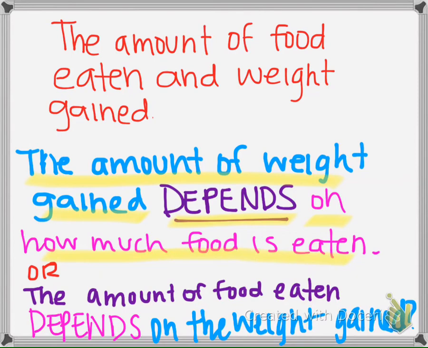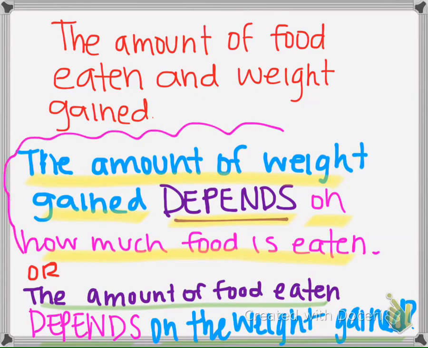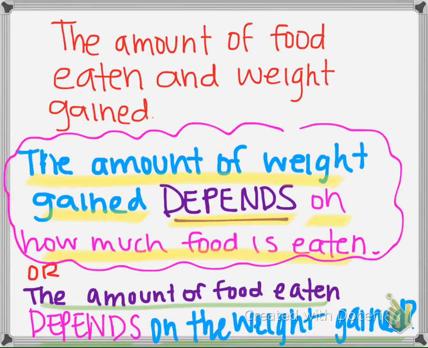Or does it make more sense to say the amount of food eaten depends on the weight that's gained? Hopefully you're thinking our first statement makes more sense because the amount of weight gained is depending on how much food is eaten. The more food you eat, the more weight that is gained.